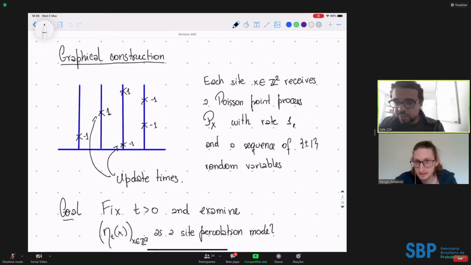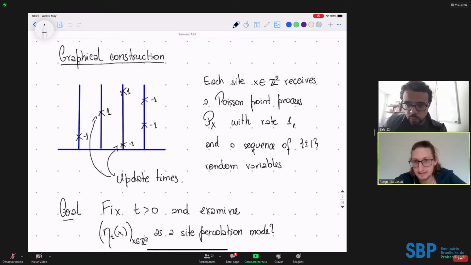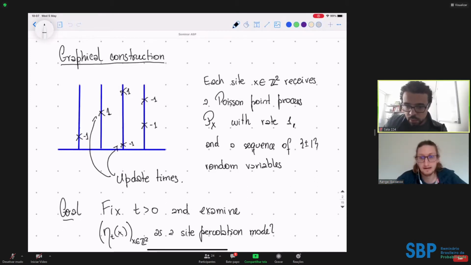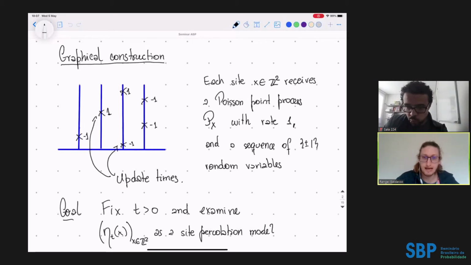Does anything change if you take, say, the hexagonal lattice? So no, you can do the same things for the hexagonal lattice. For our things to work, anything that has some nice duality properties should be fine. So triangular lattice, hexagonal lattice.